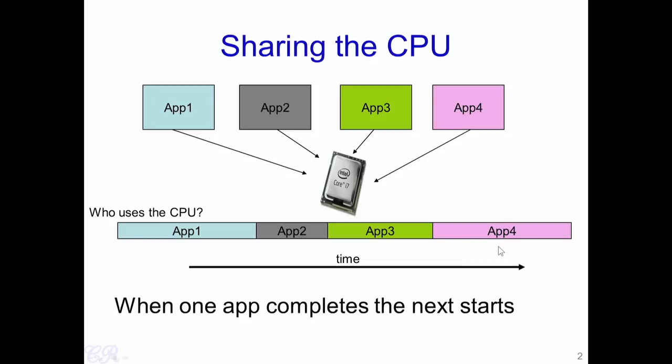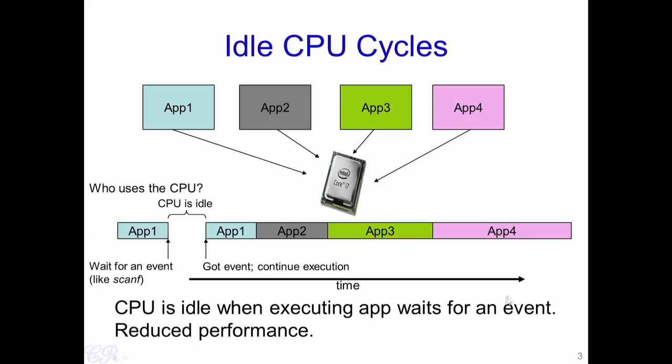While this is a very easy way to manage the CPU time, it is not very efficient, and we will see why. Let us say application 1 is executing on the CPU, and after some time it waits for a particular operation to be done by the user. For instance, application 1 is waiting for an event like a scanf.